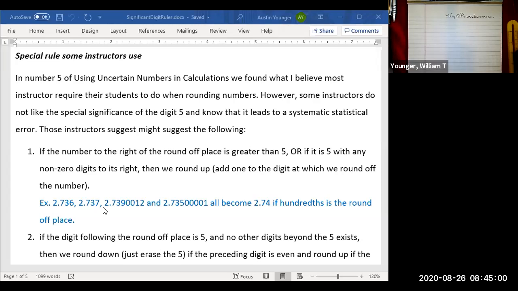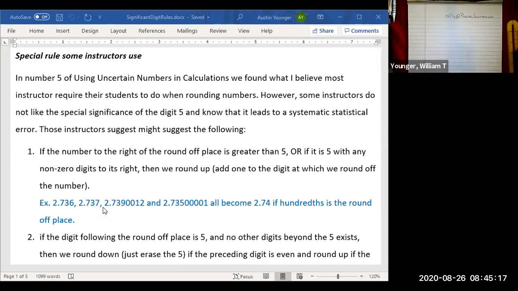So 2.736, 2.737, 2.739, 2.735 0012, 2.735 00001 all become 2.74.